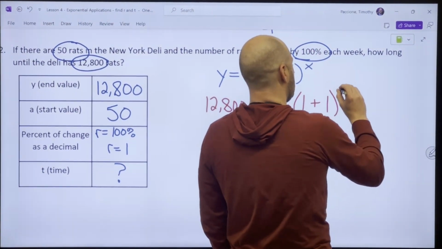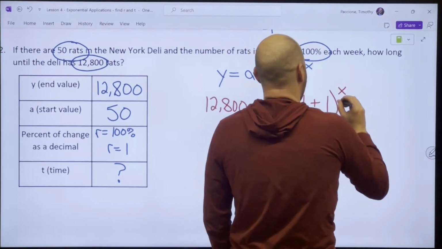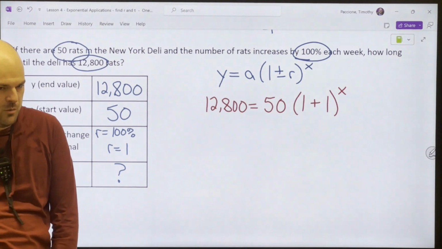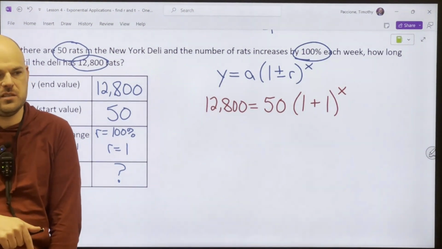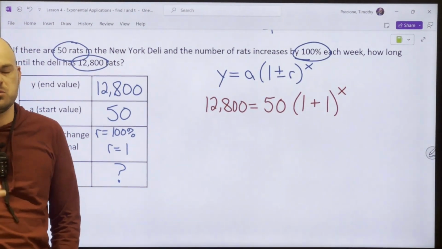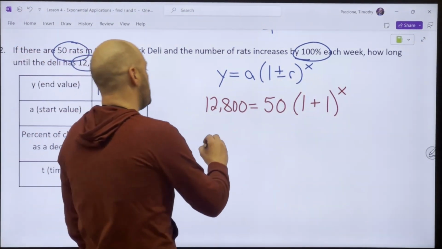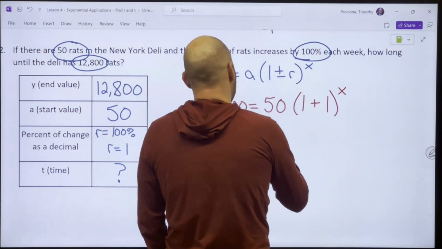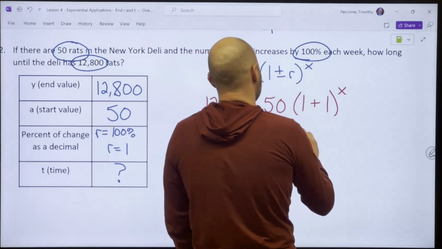To the, we don't know, x. Okay, so what is 1 plus 1? 2. So that actually turns out to be our b value. Does that make sense? That's what we would multiply by. Okay, so it's 12,800 equals 50 times 2 to the x.